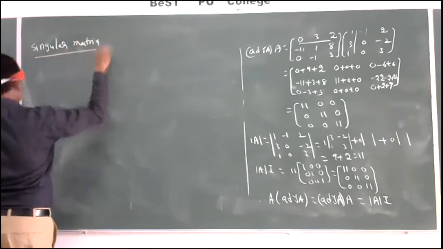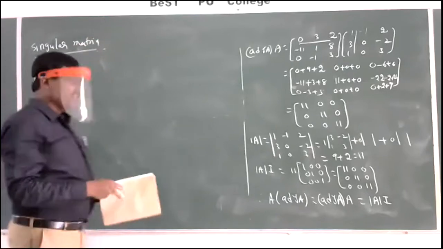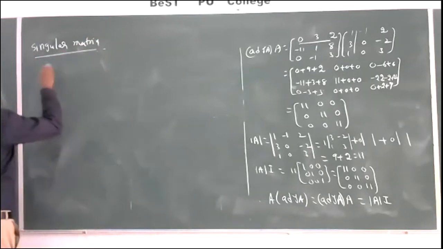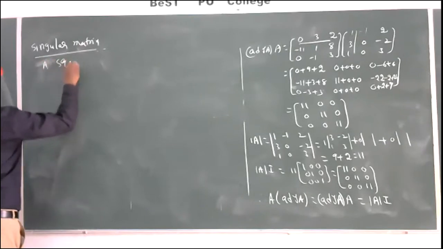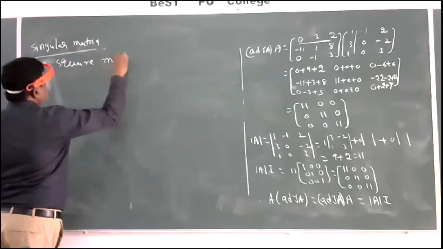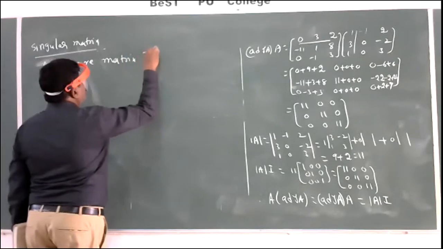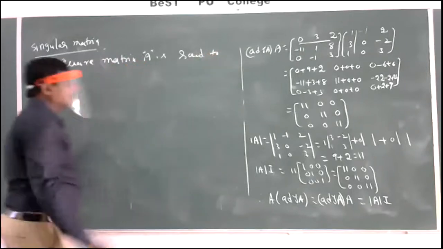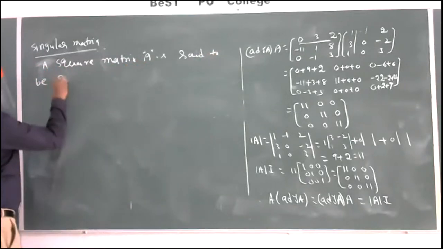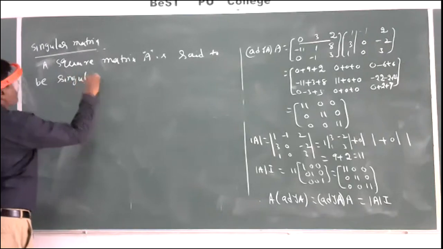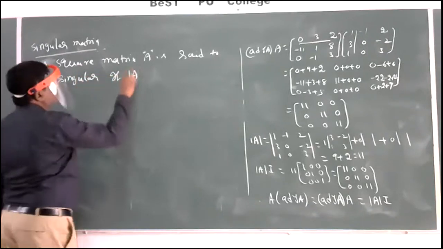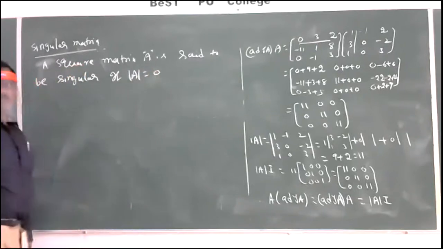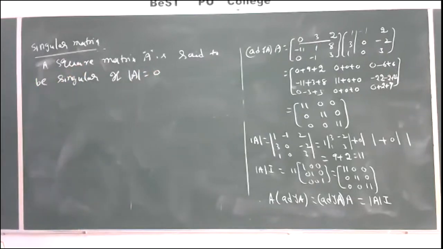A square matrix A is said to be singular if det A equal to 0.